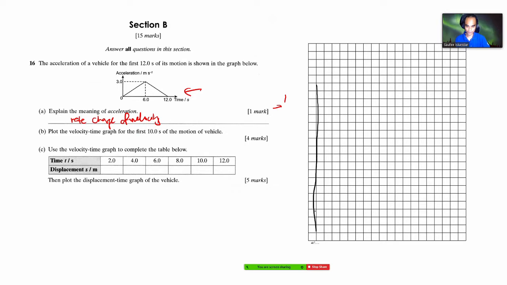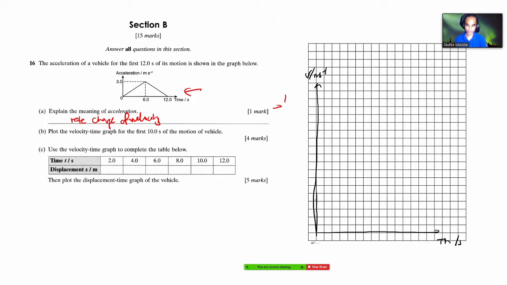I put this one as the y-axis. I can draw a very straight line. This will be velocity in meters per second. This one will be time in seconds. Okay, so we take one square, 1 division, as 1 unit.